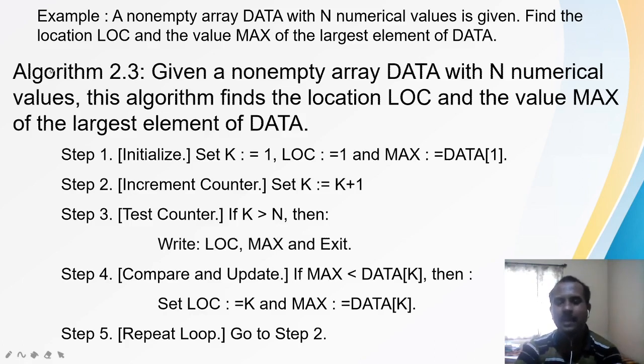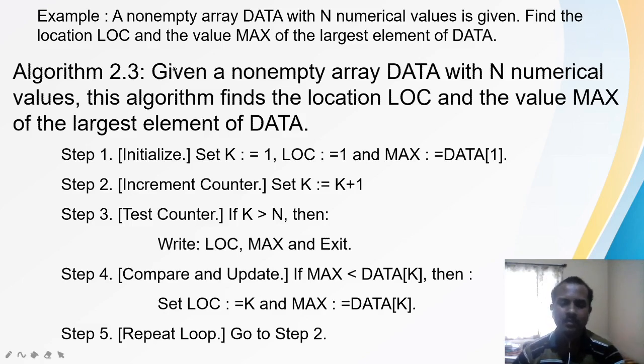Let me say that I have a procedure. Then I am going to write procedure 2.3. What is the meaning of that? It is the third procedure in chapter 2. For your examination, you don't have to write the chapter numbers. Let us say that this is your first algorithm in your exam paper, then you write algorithm 1.